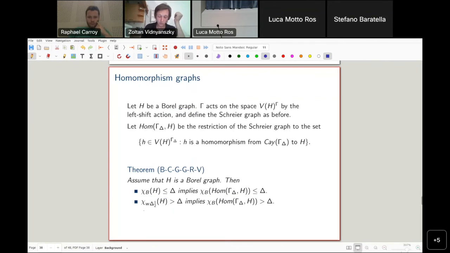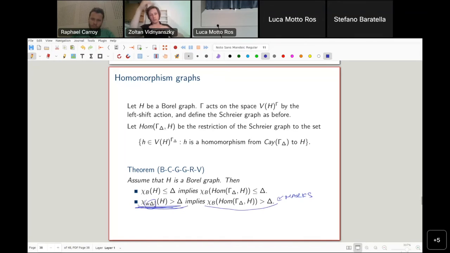On the other hand, which is much less trivial and goes through Mark's method, Mark's argument, is that if the target graph has large chromatic number, and this is something worse than Borel, anyway, if it has large chromatic number, then the Borel chromatic number of the homomorphism graph is also large.